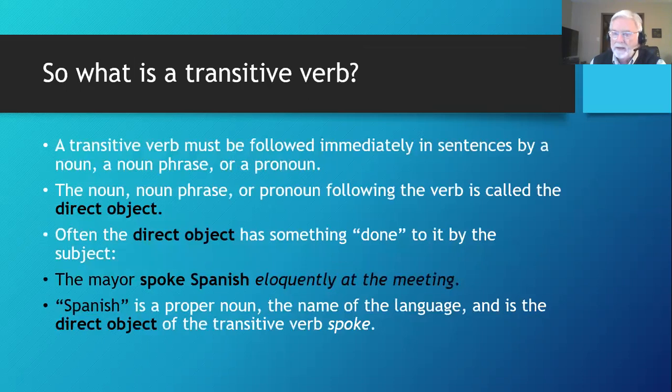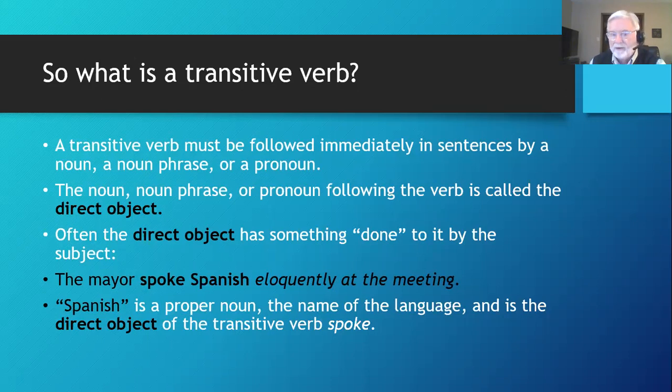So, what is a transitive verb? Well, a transitive verb is a verb, typically an action, which must be followed immediately in sentences by a noun phrase or a pronoun. And the noun phrase or pronoun following that verb is called the direct object.